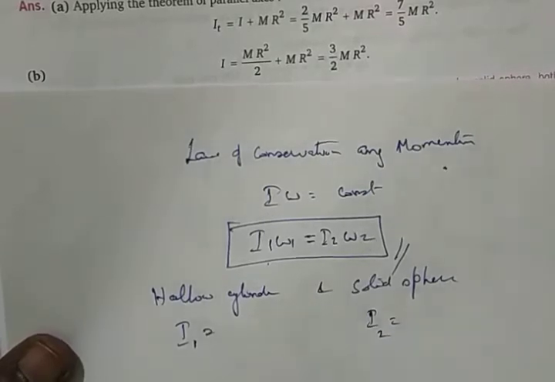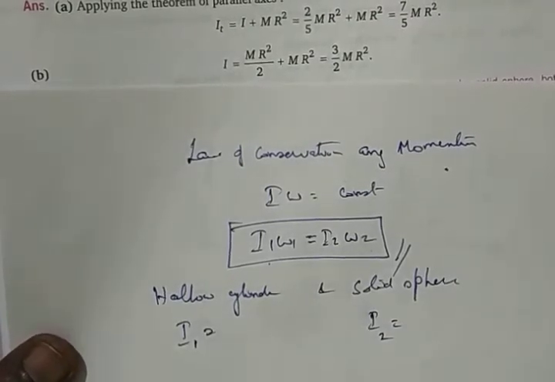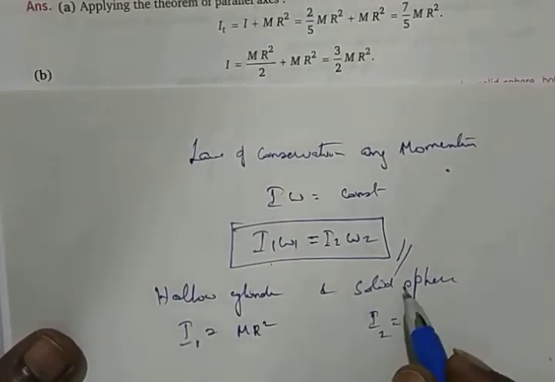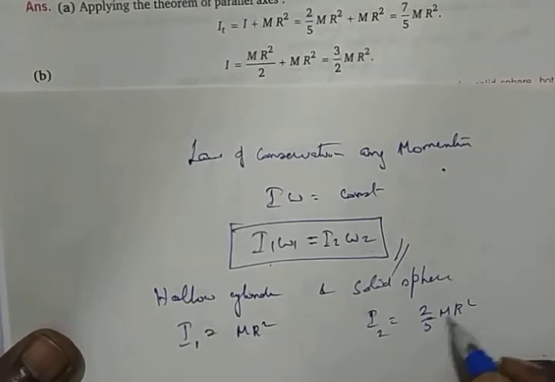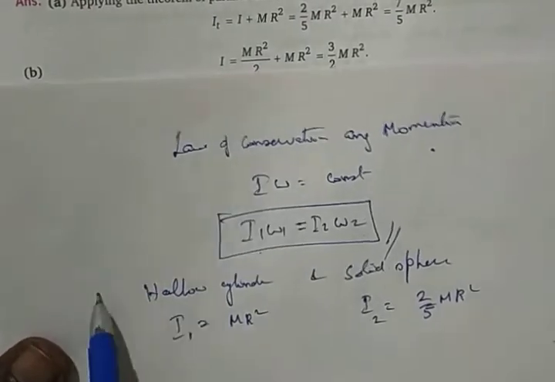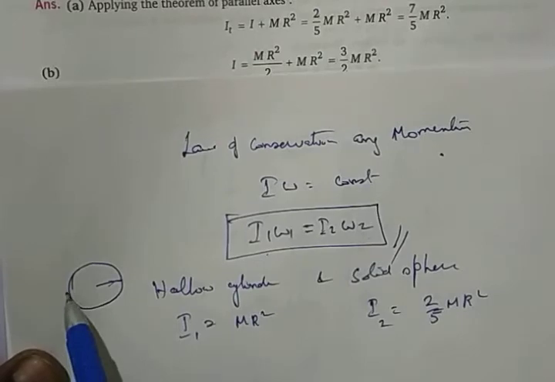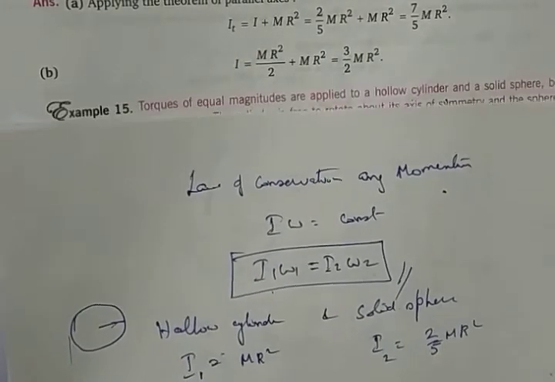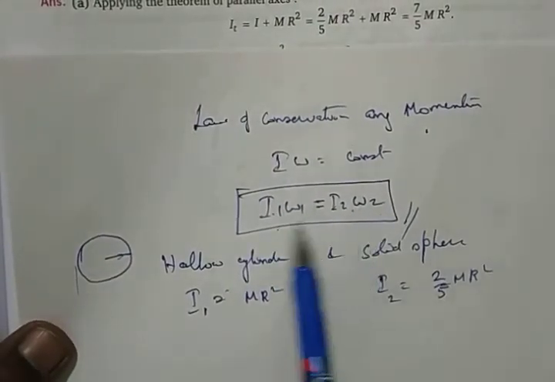Hollow cylinder means it's equal to mr square. Solid sphere will be 2 by 5 mr square. Alright. So a hollow cylinder and a ring will be the same. If you take a ring and a hollow cylinder, they have the same moment of inertia. Now since these two are given, I1 and I2 are already there.